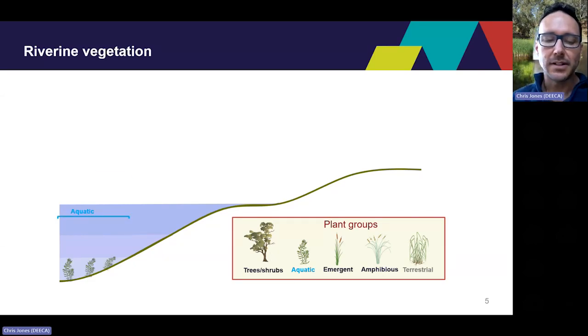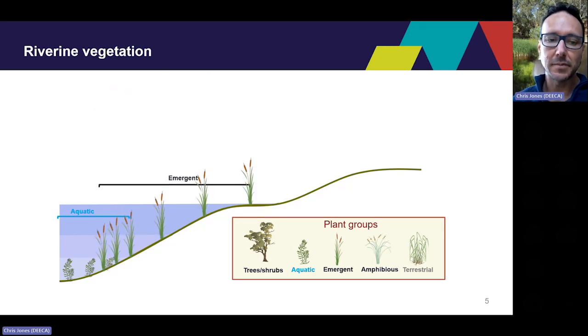So aquatic vegetation is down the bottom. It's in the wettest part of the channel where it's always wet, and it usually requires perennial water supplies to sustain these plants. Emergent vegetation shifts a little bit up. They like being in the water, but they can persist higher up, particularly if there's elevated flows. Amphibious vegetation is a little bit higher up.